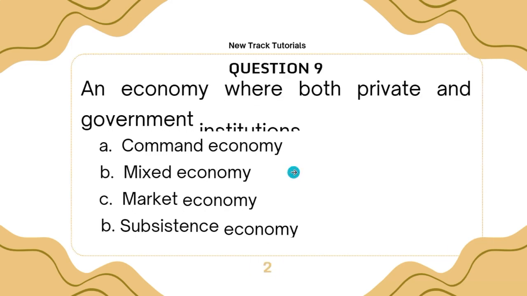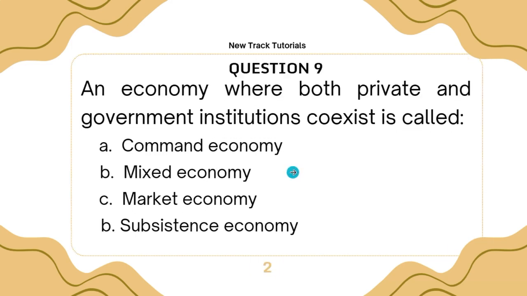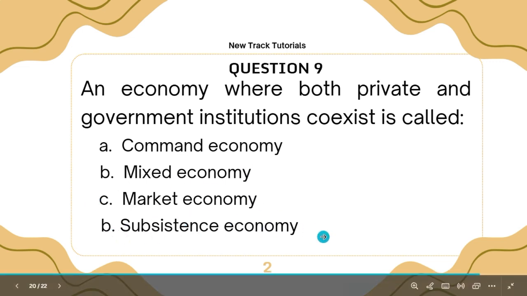Now question number 9 says an economy where both private and government institutions coexist is called a command economy, a mixed economy, a market economy, or a subsistence economy. Which is the best option? The best option is a mixed economy.